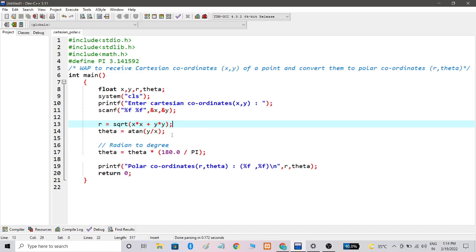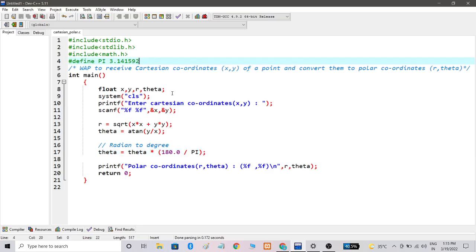I am writing it this way, it depends upon you. And there is one more mathematical function. In the coding language, tan inverse is written as atan, and the formula was y upon x. Now this value you will get in radians. So to convert it into degrees, we multiply theta by 180 divided by the pi value we have declared here.